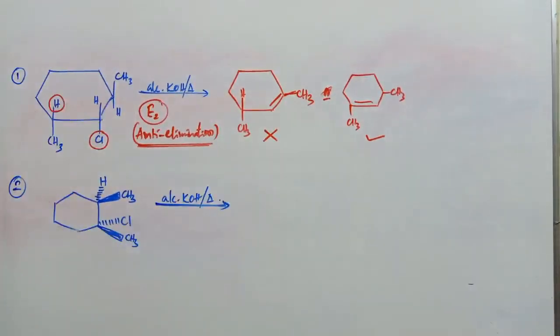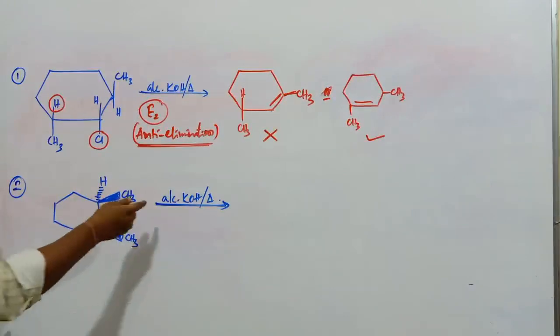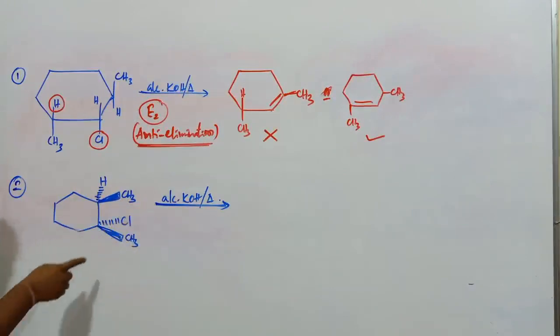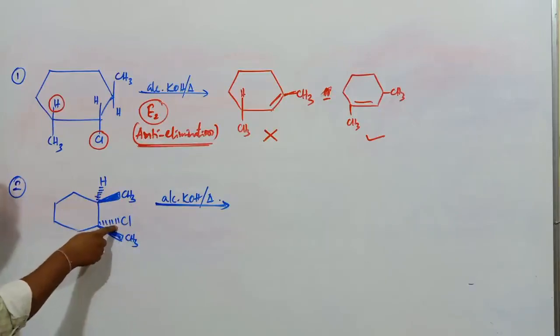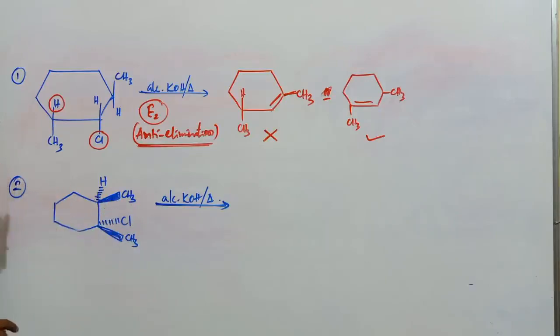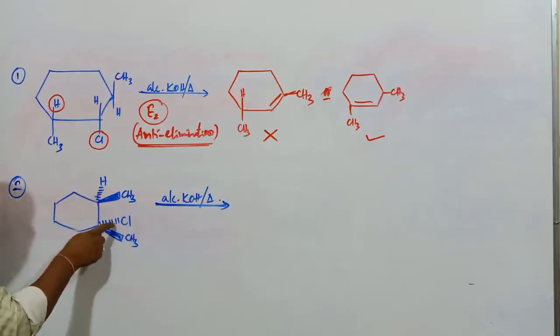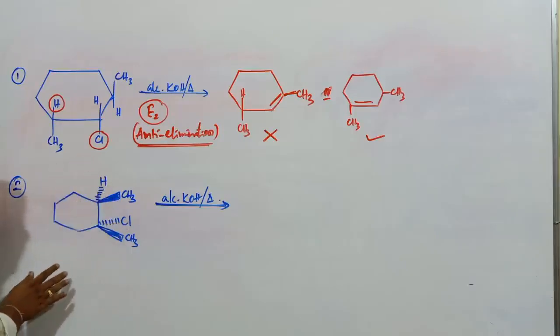Here also this is an anti-elimination E2 reaction because of the strong base, alcoholic KOH. The chlorine atom is present on a dash. The two methyl groups are present on wedge. This chlorine and this hydrogen are both on dash, meaning both are on the same side.